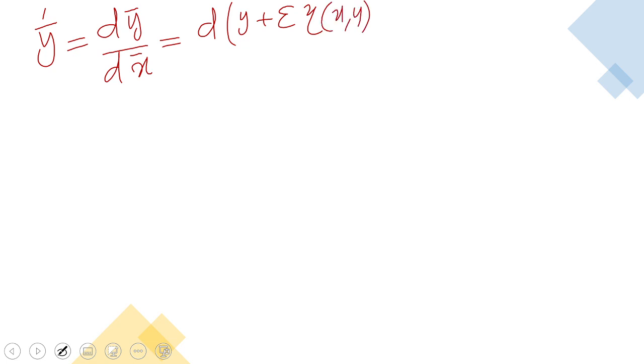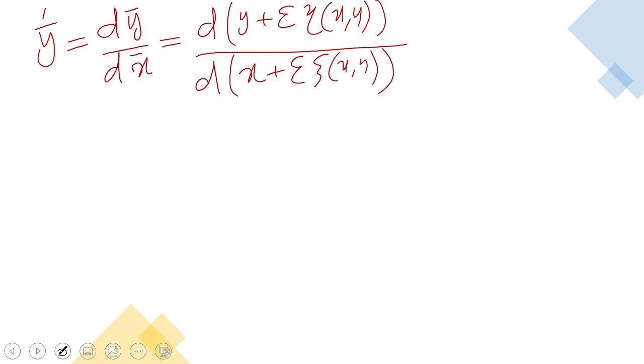That is dy bar over dx bar, and you see what is y bar, that is y plus epsilon eta of x y from equation 2. And what is x bar? That is x plus epsilon xi of x y. This is from equation 1.